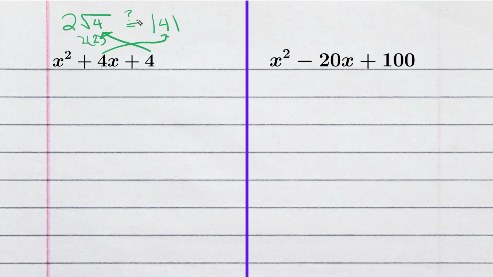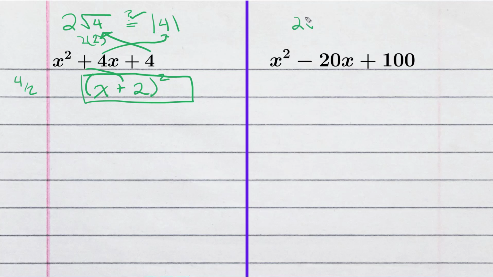So 2 times 2 does equal, so that means we can use this format. And so you're going to do x, drop this sign, and then you'll take 4 divided by 2, and that gives us 2. And that's it factored.